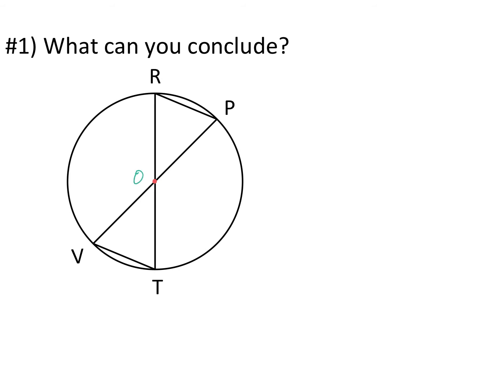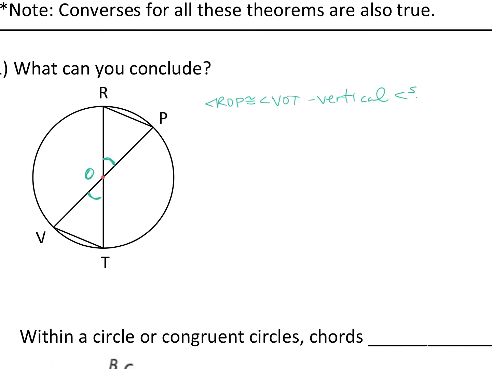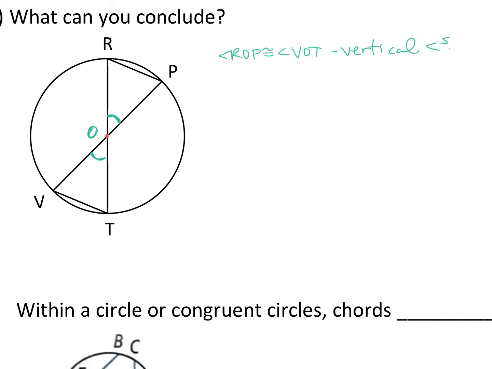We'll call this O. That might help you a bit in naming things. Yeah, Jonathan. Angle ROP is congruent to VOT. Yes, we know that angle ROP is congruent to angle VOT. Why? Because they're vertical angles. Okay, so because we have vertical angles, we have congruent angles.